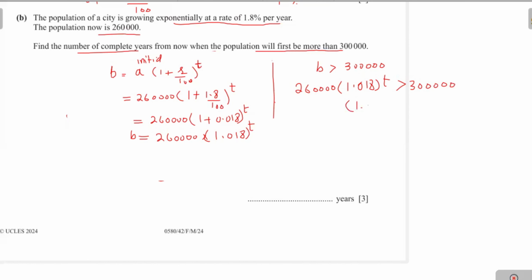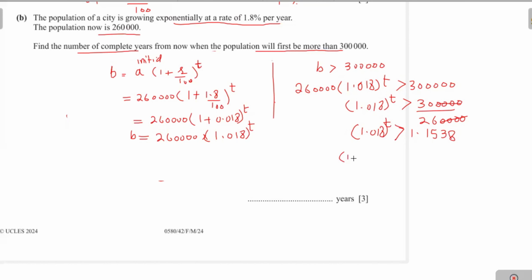So 1.018 to the power t is greater than 300,000 divided by 260,000. The zeros will be cancelled. That's 30 over 26, and this value will be equal to 1.1538. So 1.018 to the power t is greater than 1.1538.